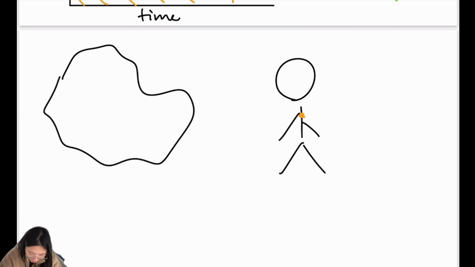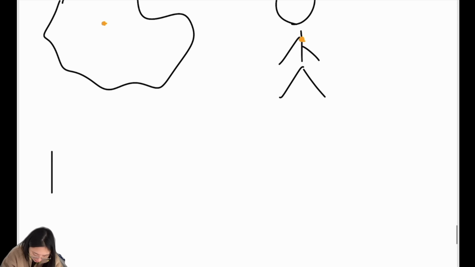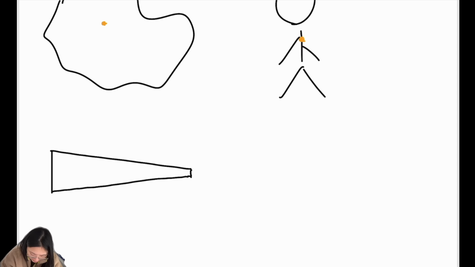And for an irregularly shaped object, the center of mass is more toward the part where more of the mass is concentrated. For example, if you have a stick like this, where one side is thicker and the other side is skinnier, and the density is the same, then the center of mass is more on the left side of this stick.